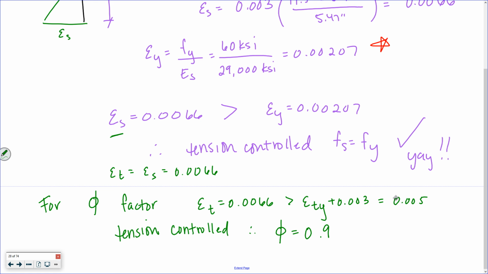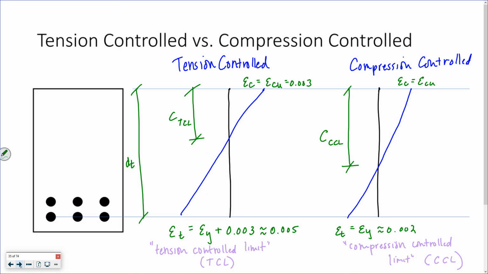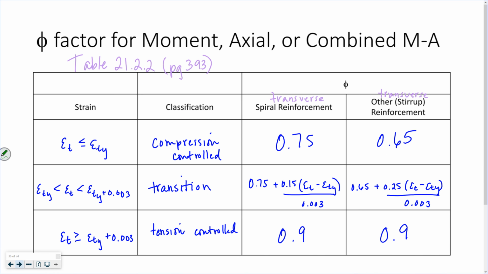Right? That was based off of this. If my strain in my far reinforcement is greater than the yield strain plus 0.003, which for grade 60, that value is 0.005, I'm tension controlled, and my phi factor, this is stirrup, but it doesn't actually matter, is 0.9.